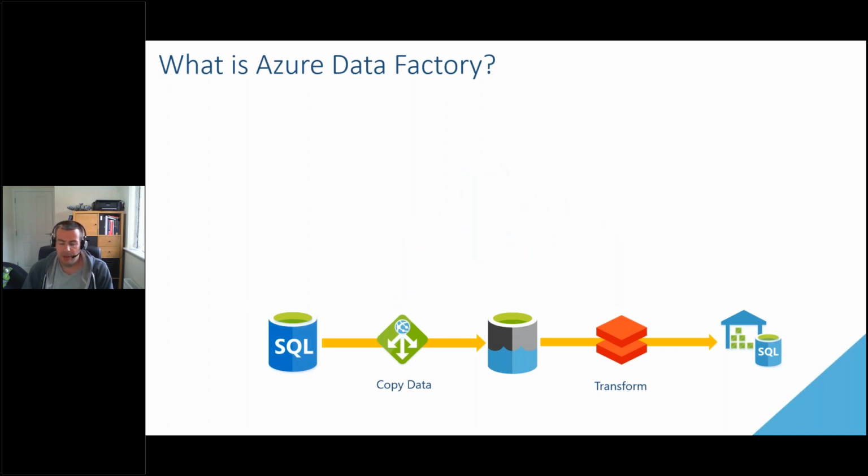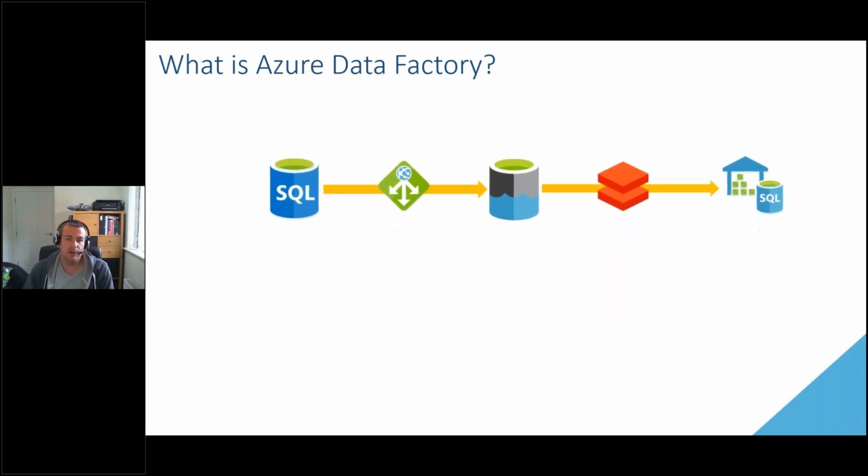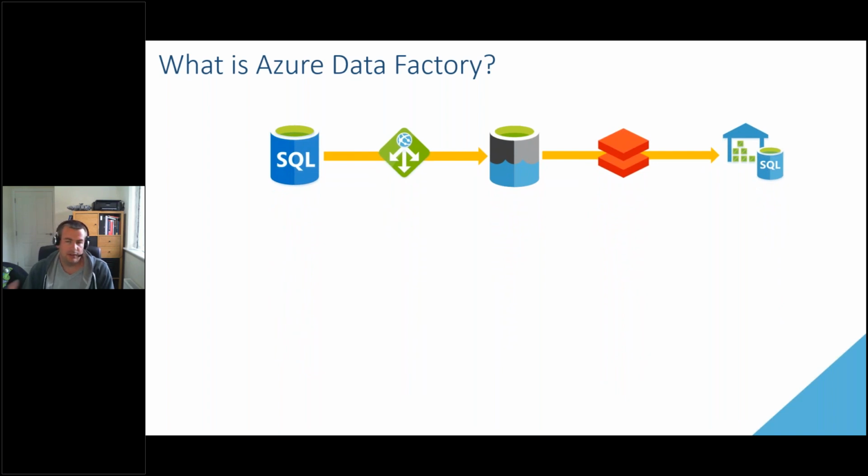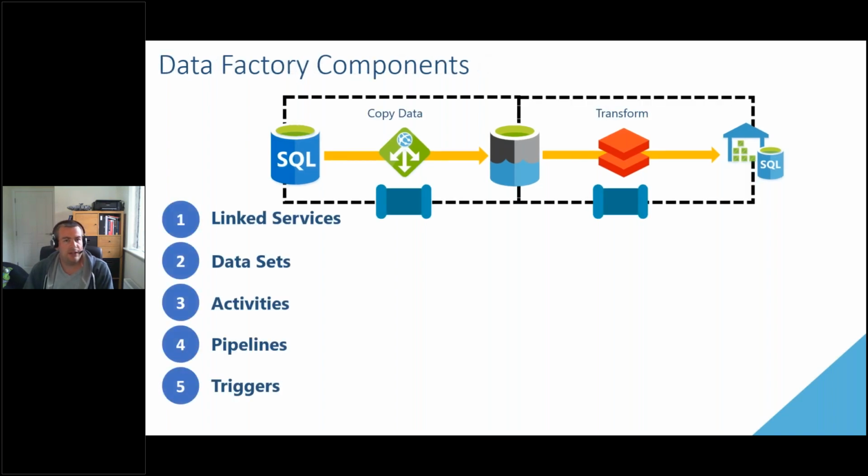Then to go a little deeper and think about the components that we have within our Data Factory, to complete the question of what Data Factory is. Again, within the context of this process going from A to B to C, we have 5 things that we need to create within our Azure Data Factory. Number 1 is this idea of a linked service. The means that we give Data Factory to authenticate against something else. It could be on premises, it could be in Azure.